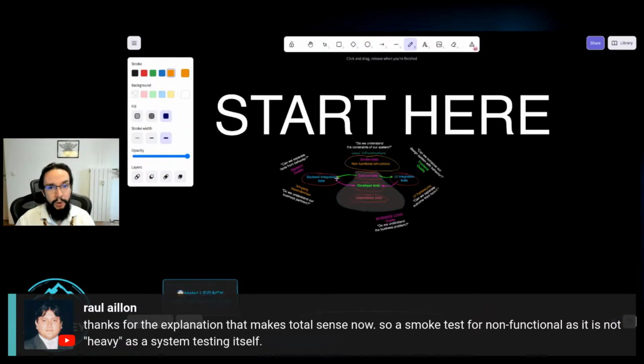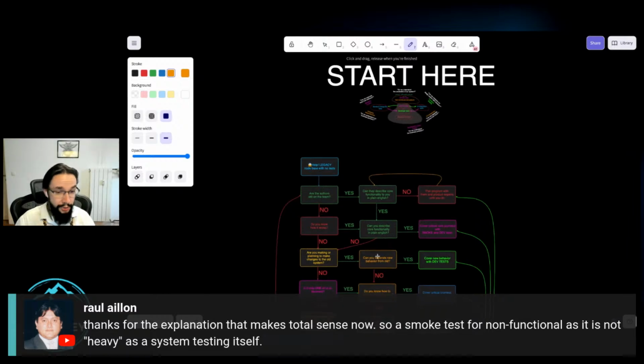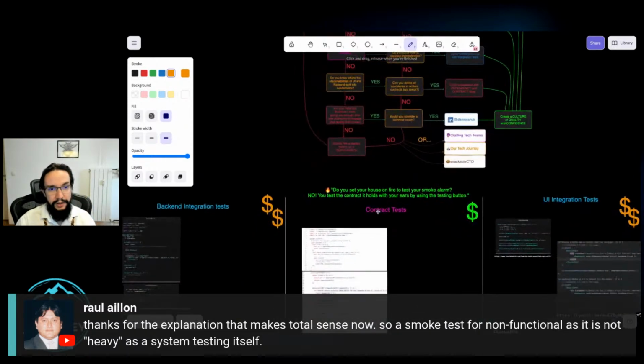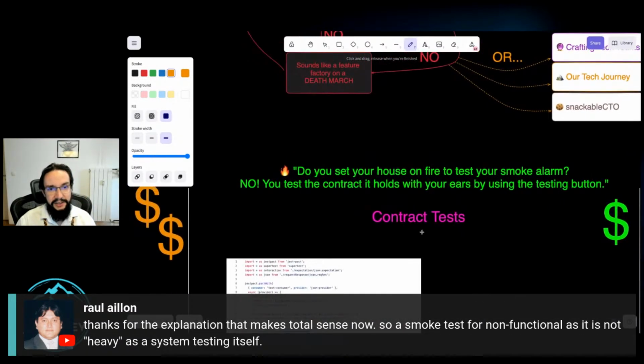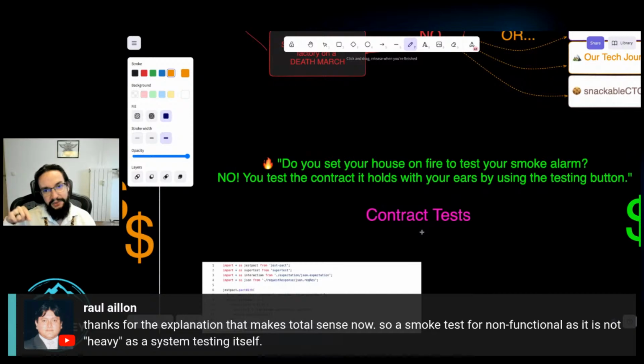And I also took a quote from contract testing, actually, and basically it's this idea of, do you set your house on fire to test your smoke alarm? It's like, no, of course not. You test the contract it holds with your ears by using the testing button, right? So the smoke alarm has a beep, beep, beep, and it has a testing setting to say, hey, can you trigger the beep, please?